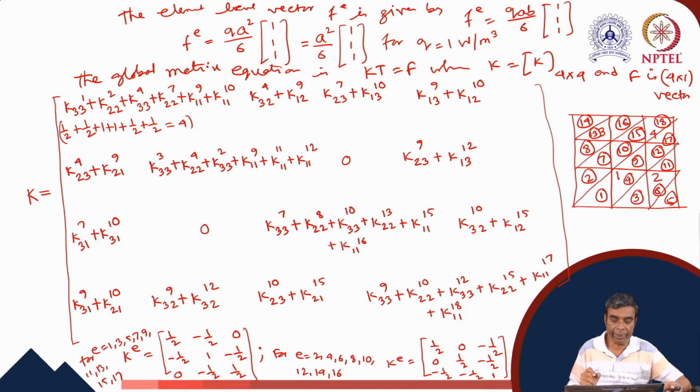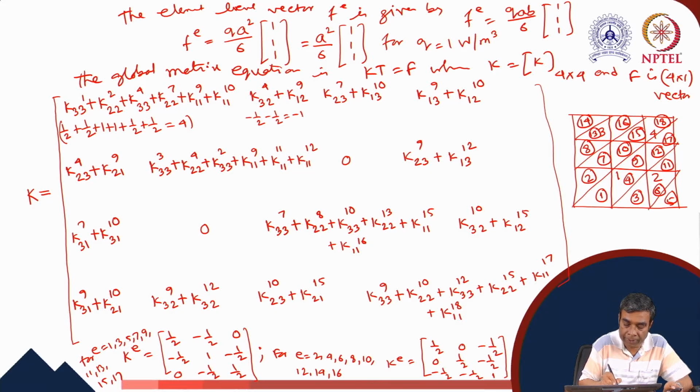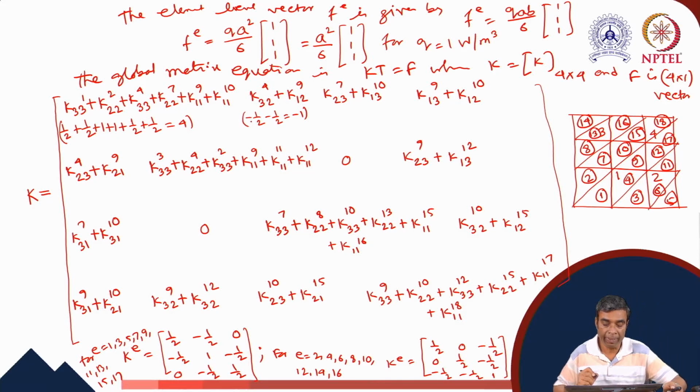Next we go for the second term, K12. K12 equals K324. So K324 is minus half. K129 is also minus half. This gives us minus 1. So K12 equals minus 1. Now we come for K13. This is K237.